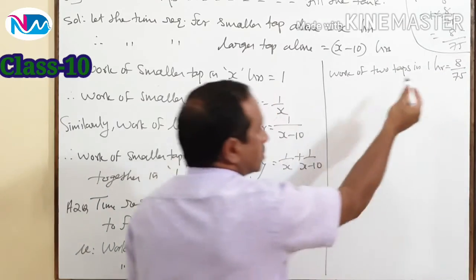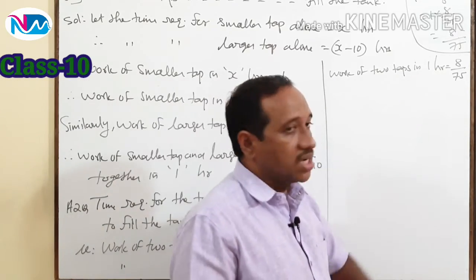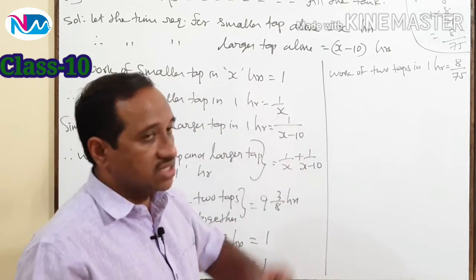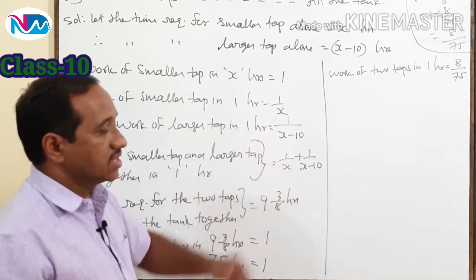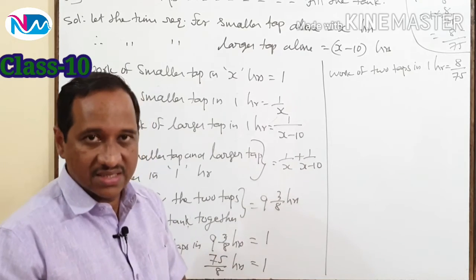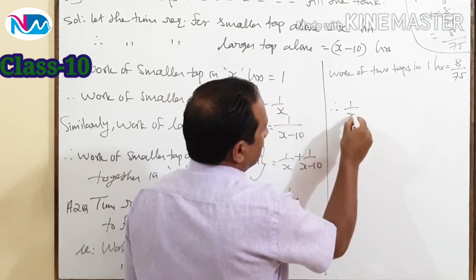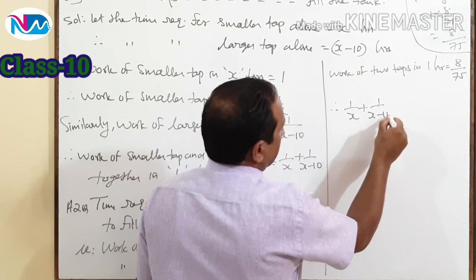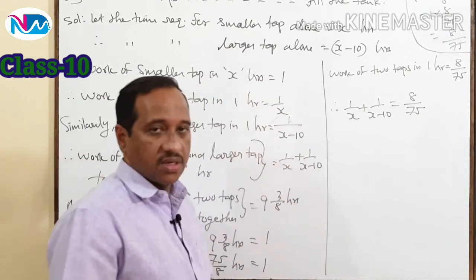This is the calculation done here. So here we have the work of the two taps in 1 hour is equal to 8 by 75. We also have the work of the two taps together in 1 hour as 1 by x plus 1 by x minus 10. We can equate them to get the equation. Therefore, 1 by x plus 1 by x minus 10 is equal to 8 by 75.